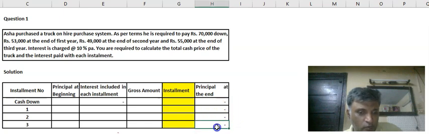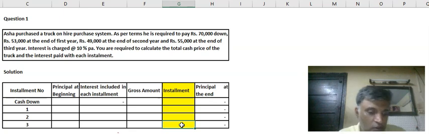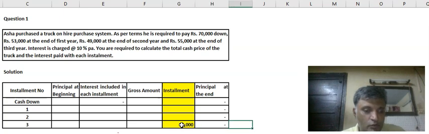Now, this is obviously the principal at the end of the year. It has to be 0, because it's a 3-year period and once we pay all the installments, the loan amount has to be 0. So what is the last installment which was paid? It is 55,000, so let's capture that here. What is the gross amount?